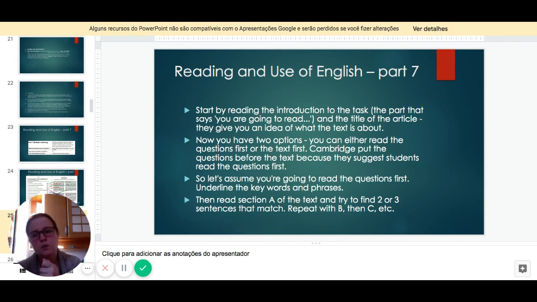So underline keywords, underline sentences, make little signs, and then you read section A. If you start with the questions, you go to section A and read that section A like it's your certificate of birth. You try to match as many sentences as you can to that. And then you go to section B. Read, read, read.